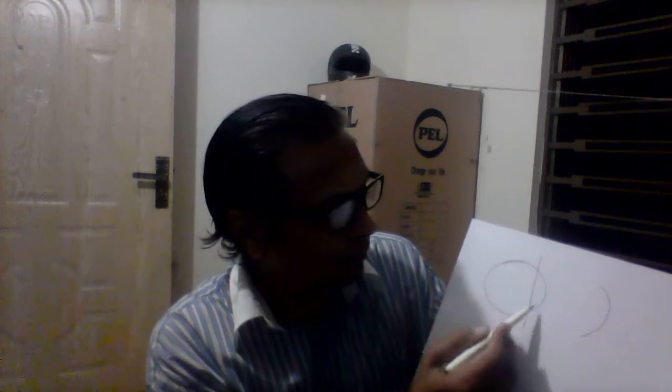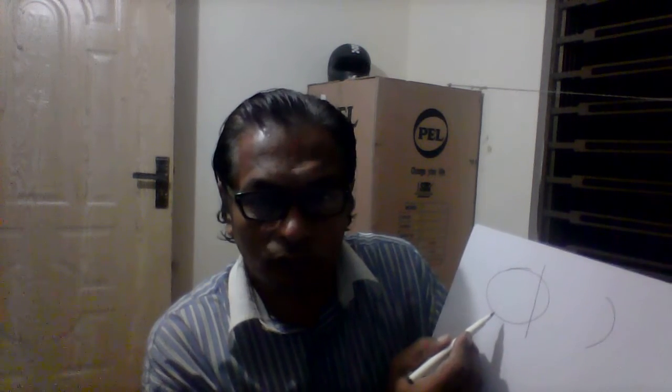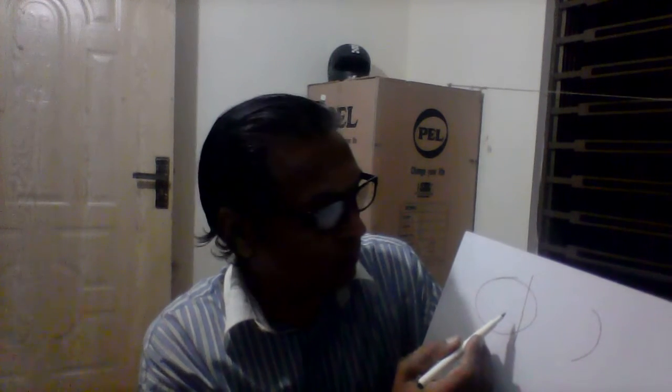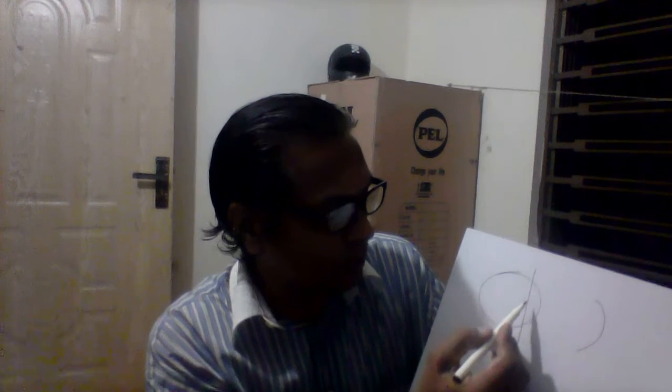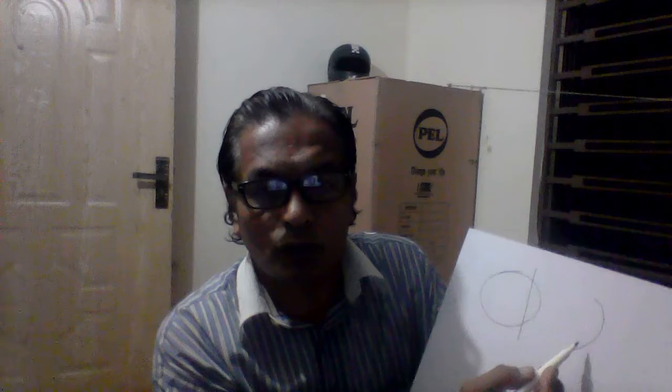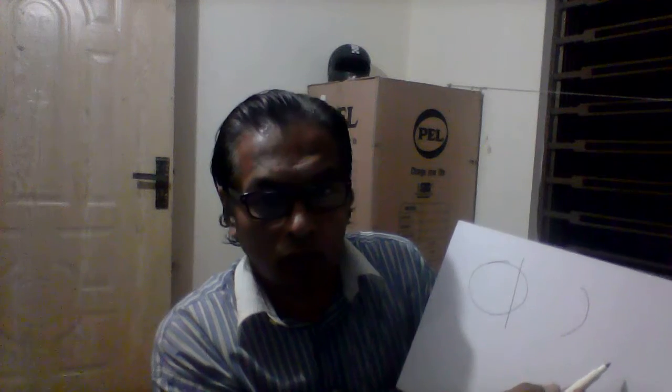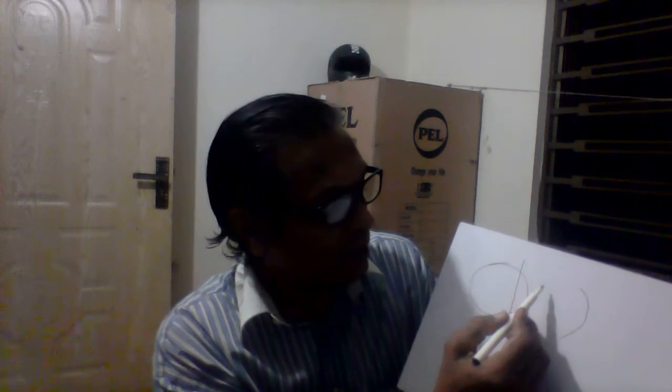So consider we have a glass sphere, glass hollow sphere. We cut its piece and this part or this portion will be called spherical mirror if its outer surface is reflecting or, in a second case, its inner surface is reflecting.